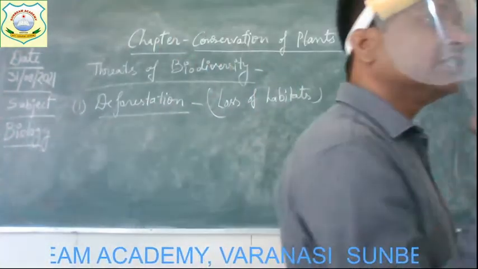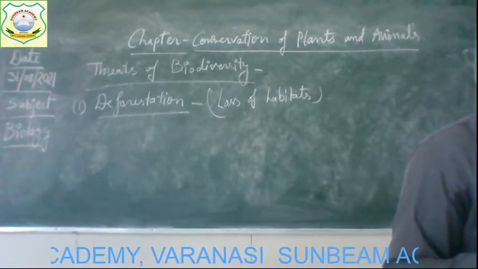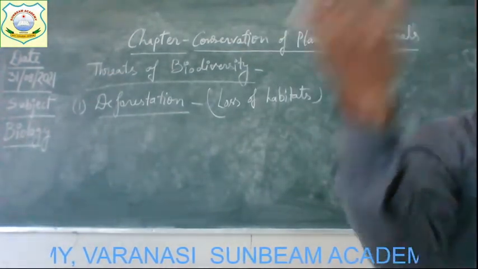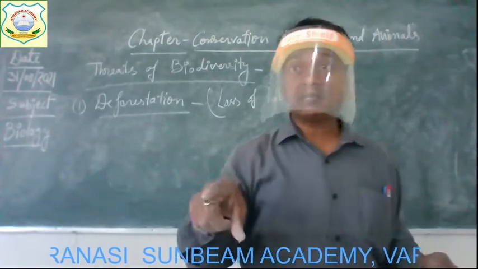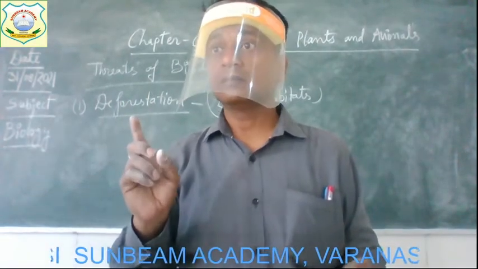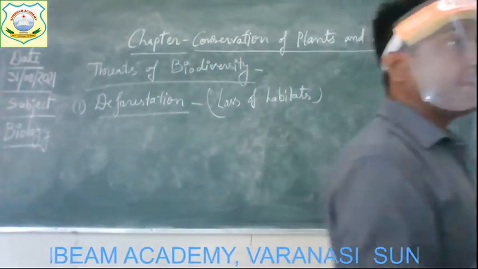If the matchstick falls on dry leaves or dry grasses, what will happen? They will quickly catch fire and slowly the overall area will come under it. Is it? So this is the human-made reason, and the natural reason is lightning. Lightning is a natural process. What happens in lightning?